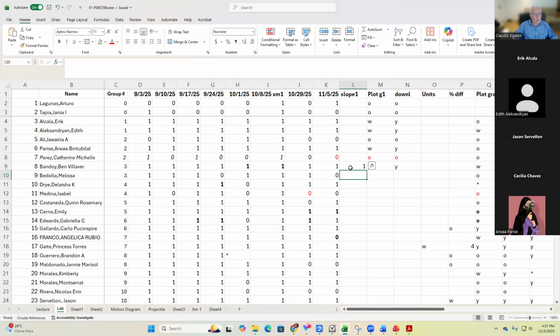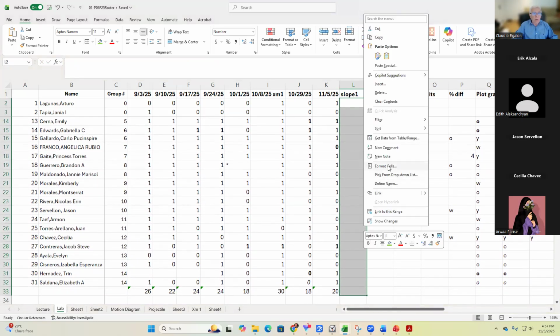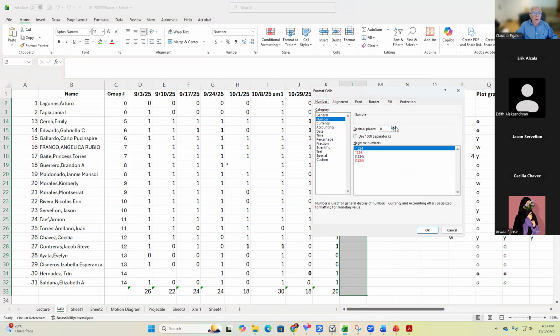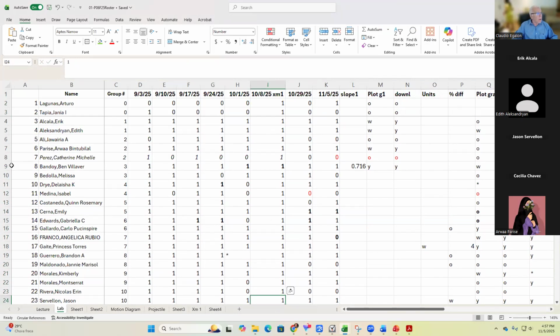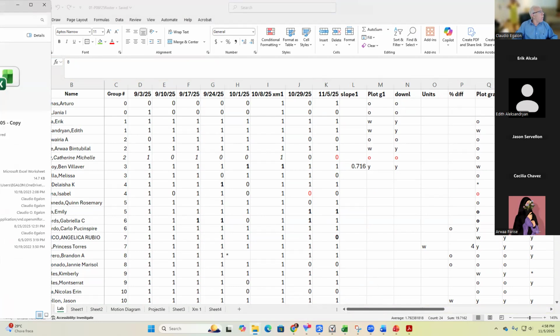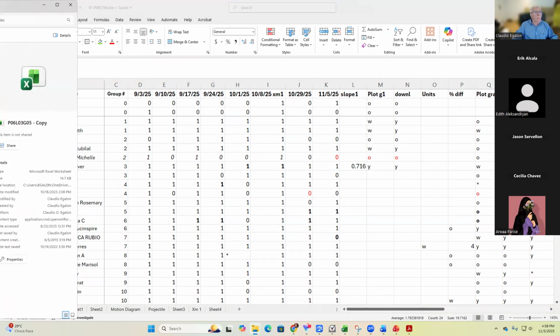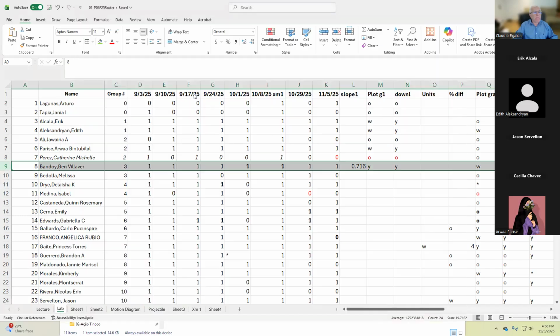Let's see if there's anything wrong with this value. Group number 3.